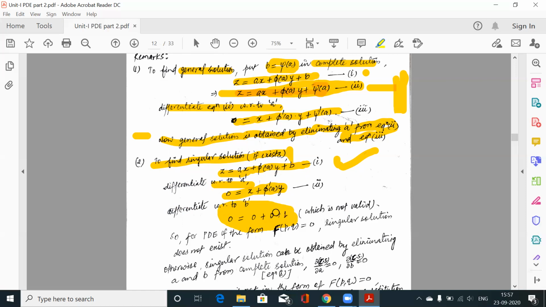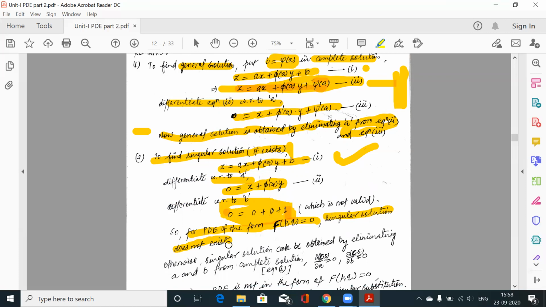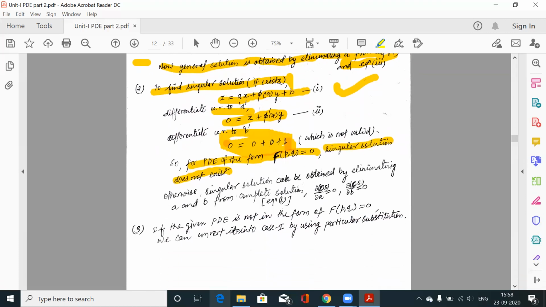So because of this equation, we say that for this PDE, a singular solution does not exist. So if the given PDE is in the standard form 1 or case 1, where it is free from x, y, z, then in that case, there does not exist a singular solution.